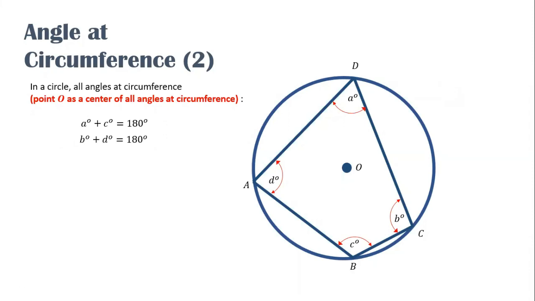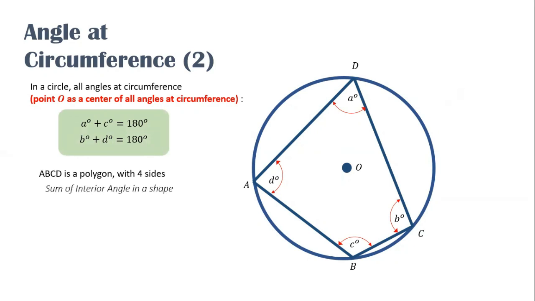As we know, ABCD is a quadrilateral. This is a polygon with four sides. It satisfies the sum of interior angles in a shape, n minus 2 times 180 degrees.